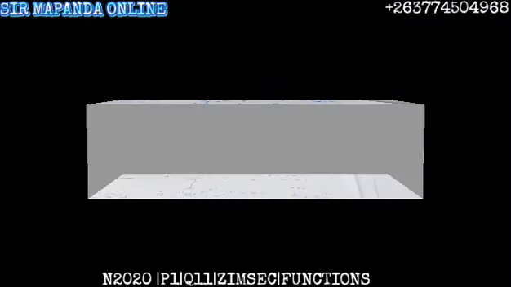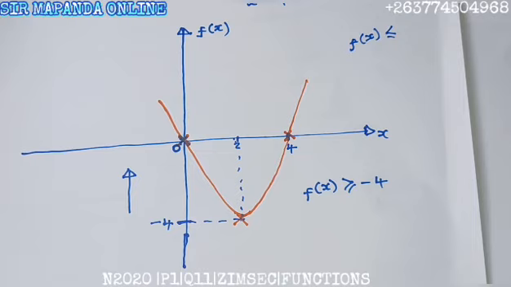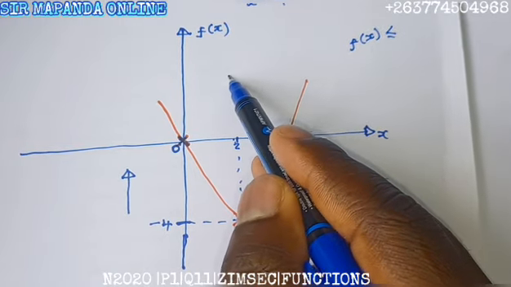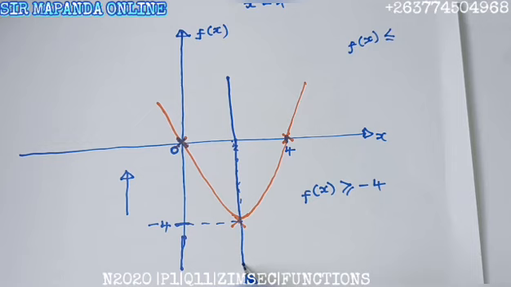Right, let us move on to the question. It reads, if f of x is a one-to-one function, find the value of k, 1 mark. Right. So for the quadratic graph to be one-to-one, it means the graph is split into 2 using the line of symmetry.